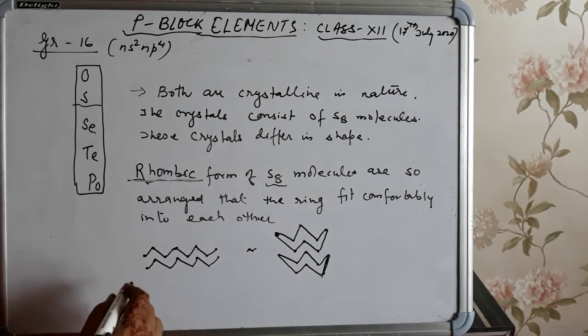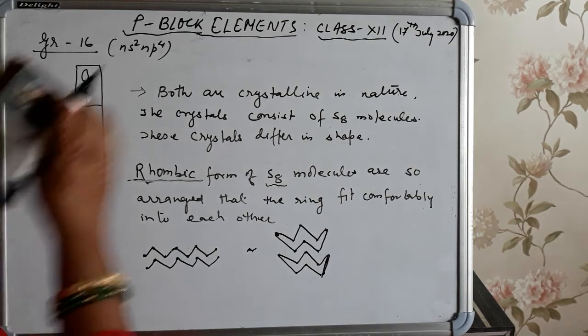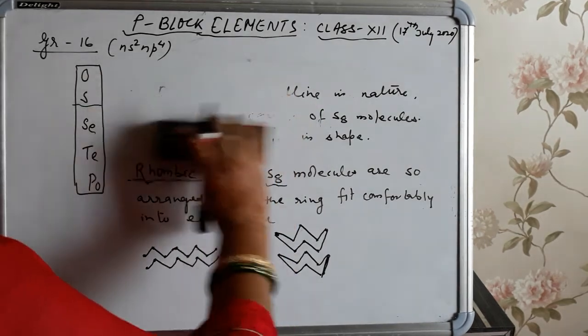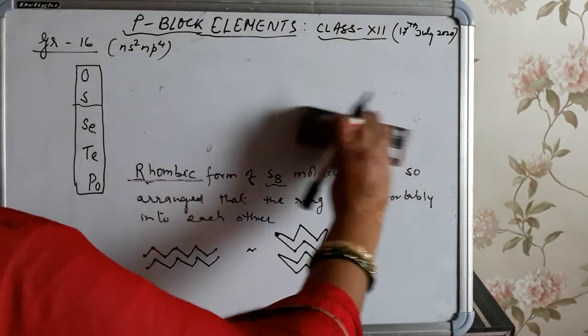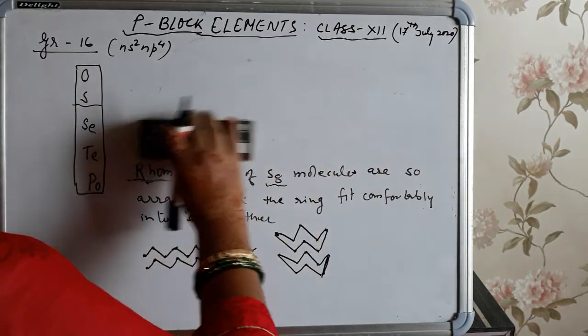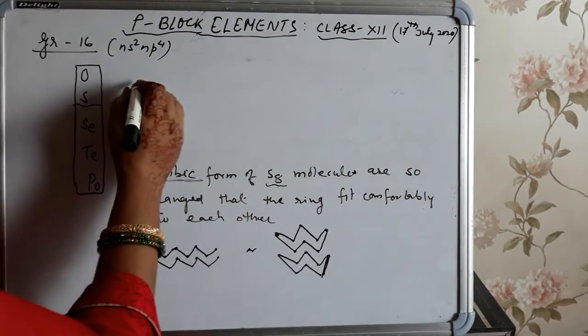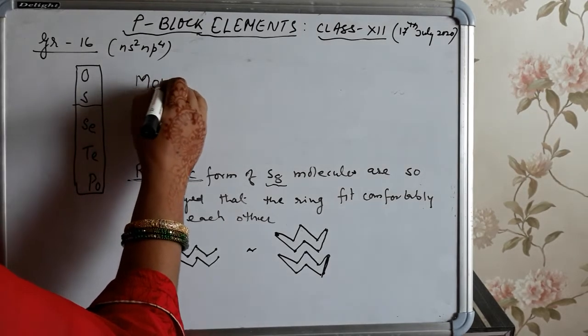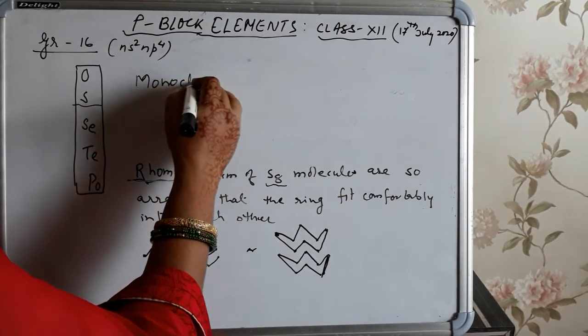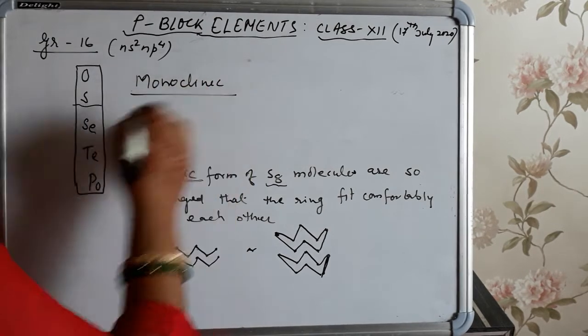In the case of monoclinic sulfur, the difference in properties of the allotropes is only the structure of the molecules. So how are monoclinic sulfur molecules arranged?